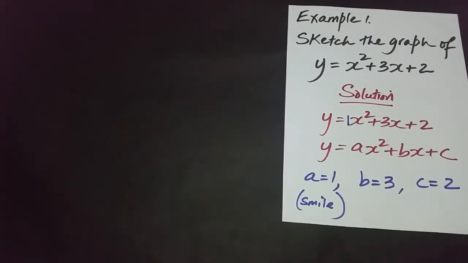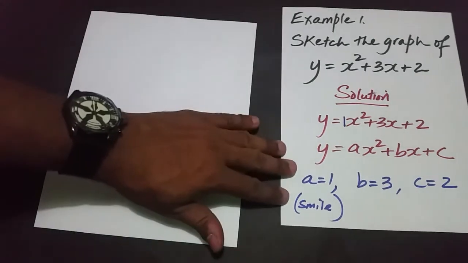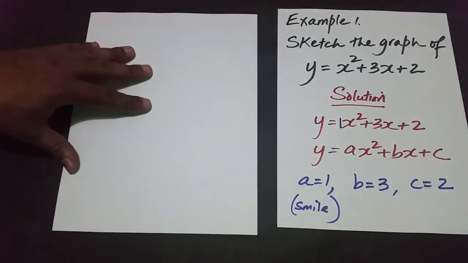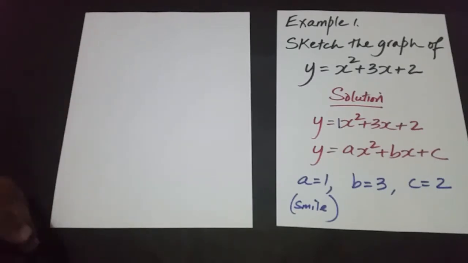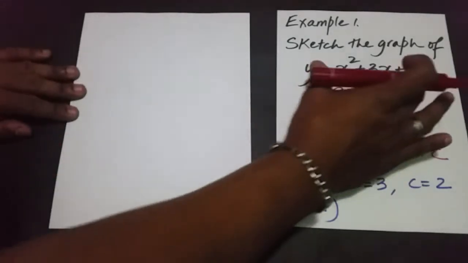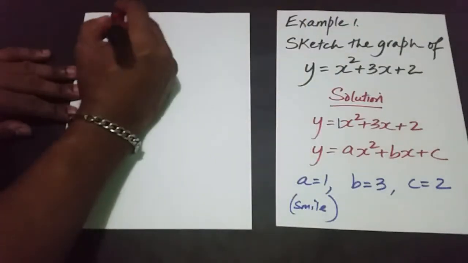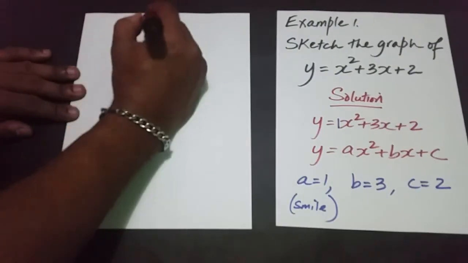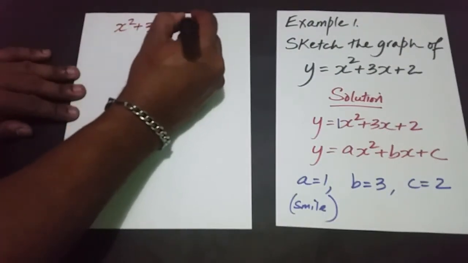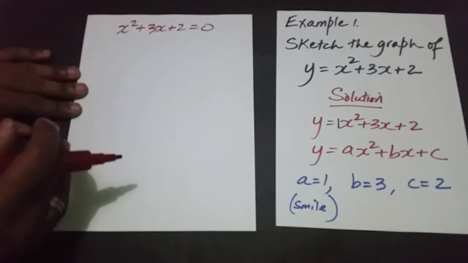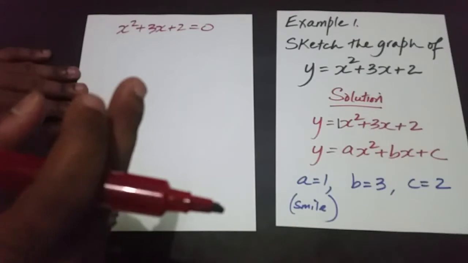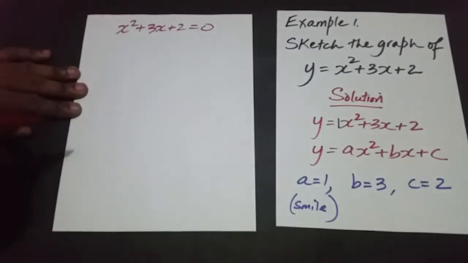Now, the next thing we need to find are the roots, and the roots are simply the solution to the values of x. So what I'm going to do here, I'm going to take x squared plus 3x plus 2 and equate it to 0, and then go ahead and solve to determine what the values of x are. So there are several ways you can do this.